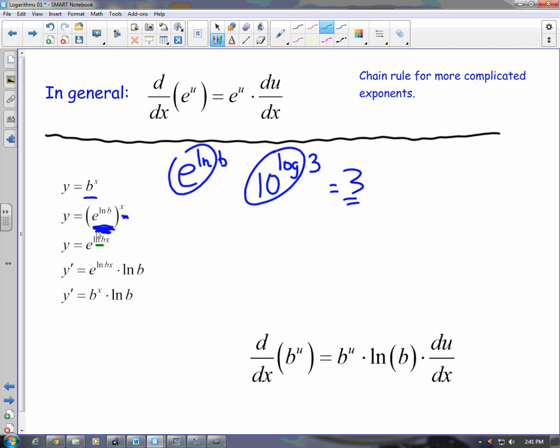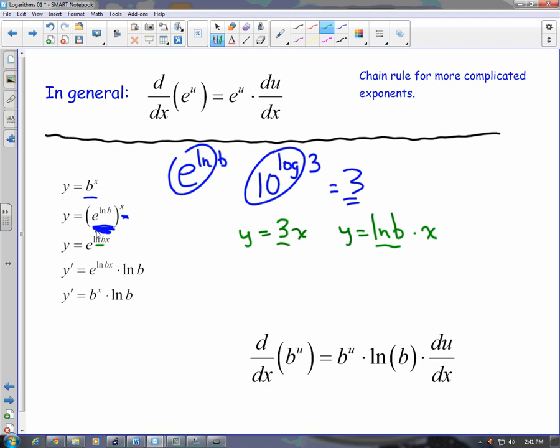The natural log of b is a number, and then, of course, the x is there. So it's kind of like saying, here's an example, if y is equal to 3x, kind of like y is equal to the natural log of b times x. It's not exactly the same, but it's like that.